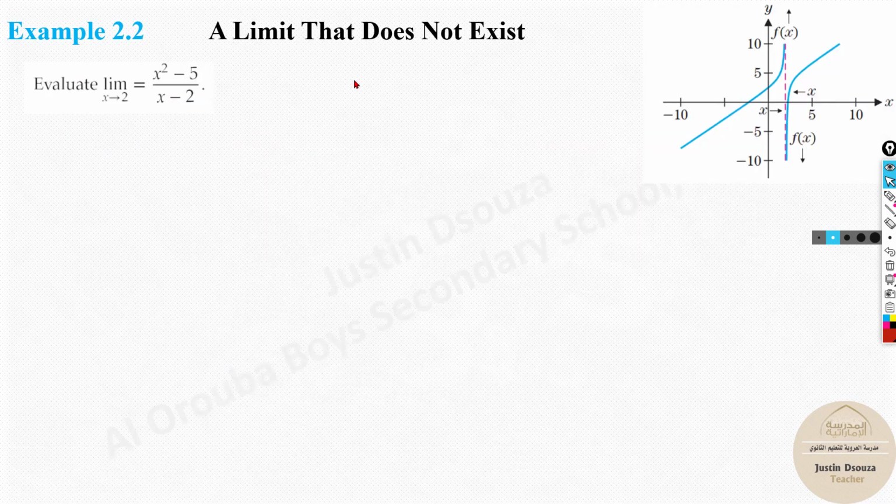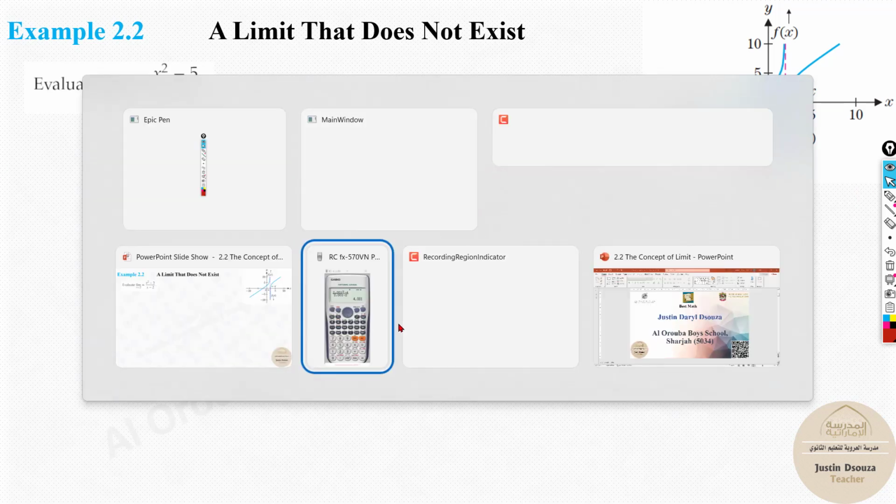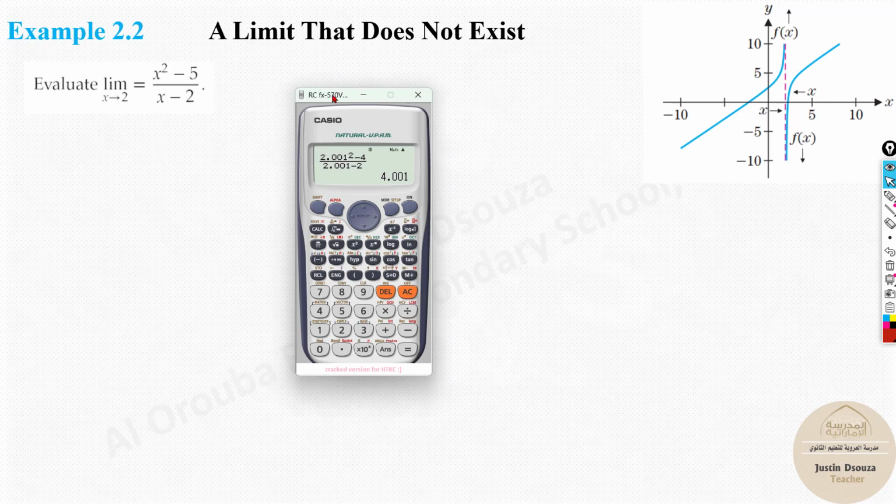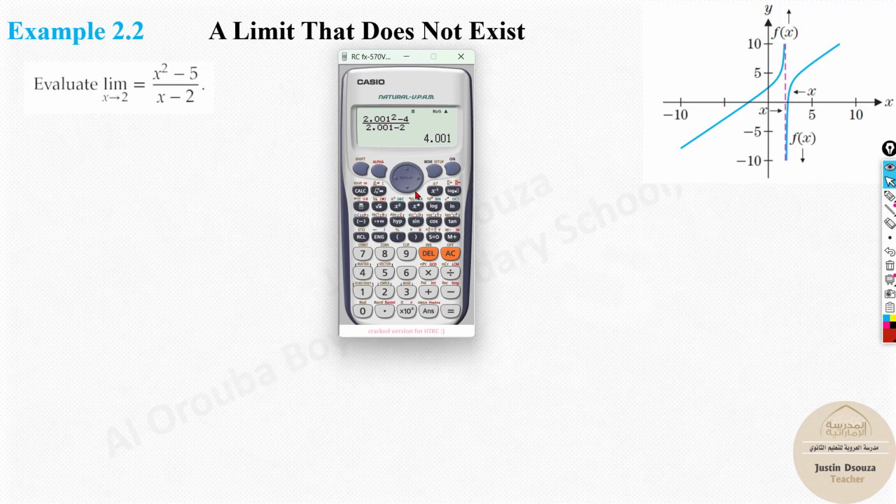So now over here, it's a problem where the limit does not exist. You can see the graph over here: one side is going up, one is going down. Now, one in detail is already explained. All the details are there in this presentation. Now, I will just tell you how easily you can solve it. Take out your calculator. x is 2, right?